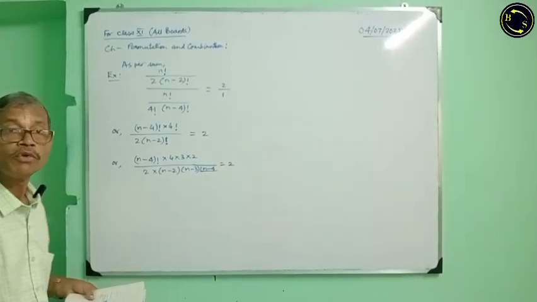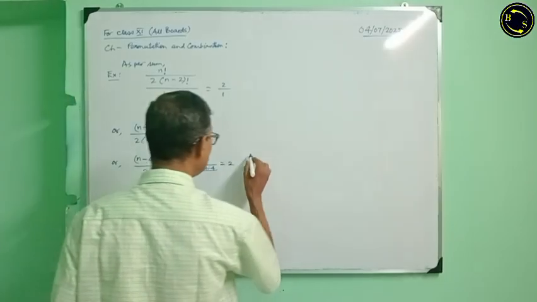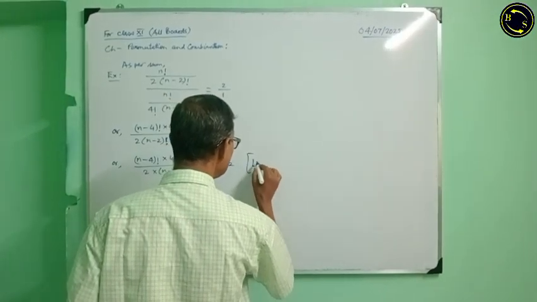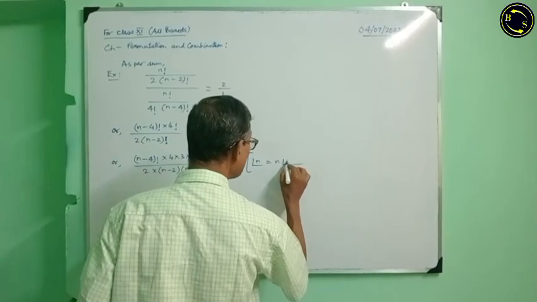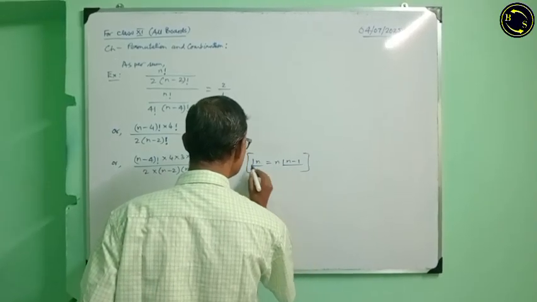I have used the formula n factorial. Better you mention n factorial equal to n into n minus 1 factorial.